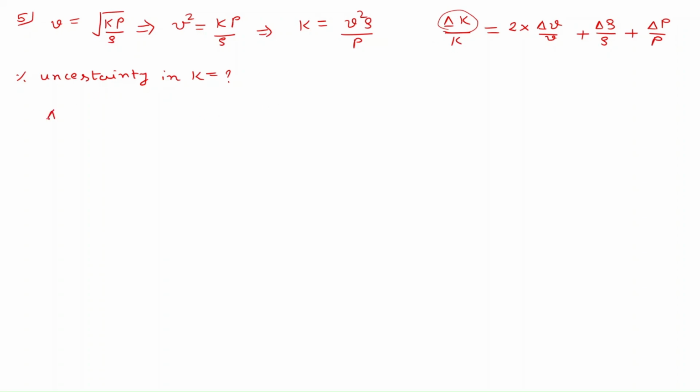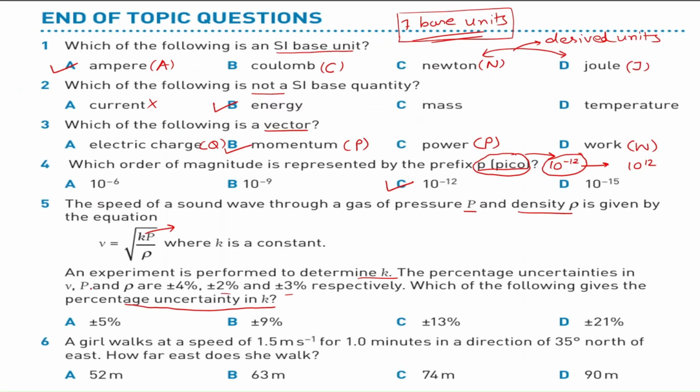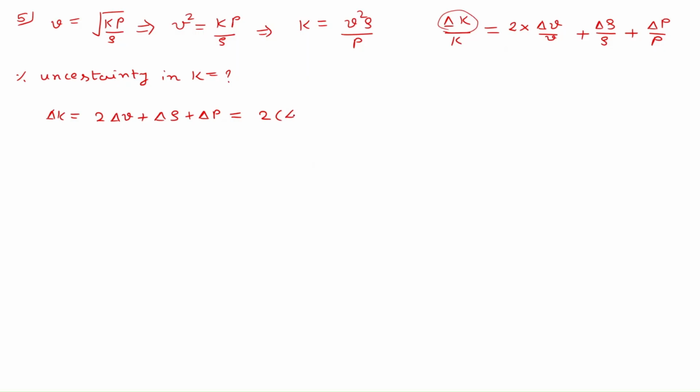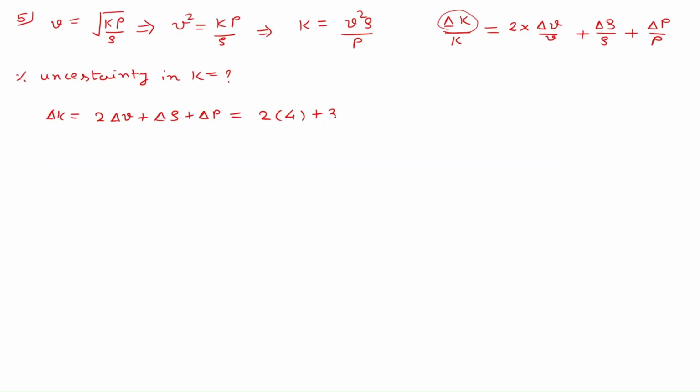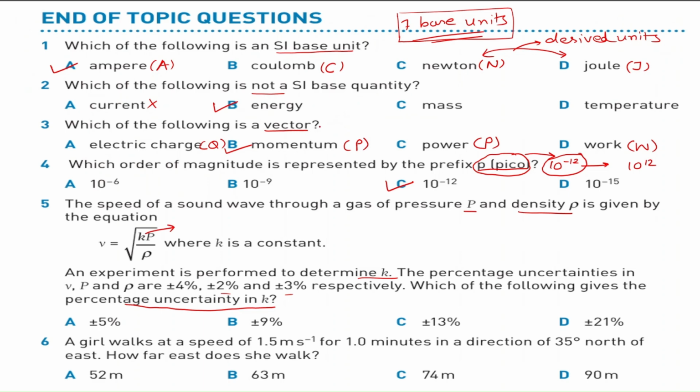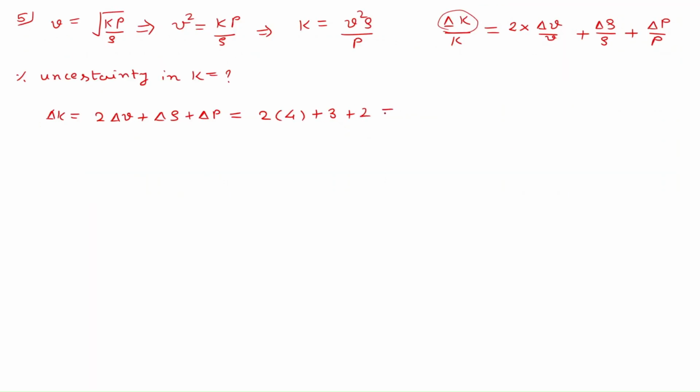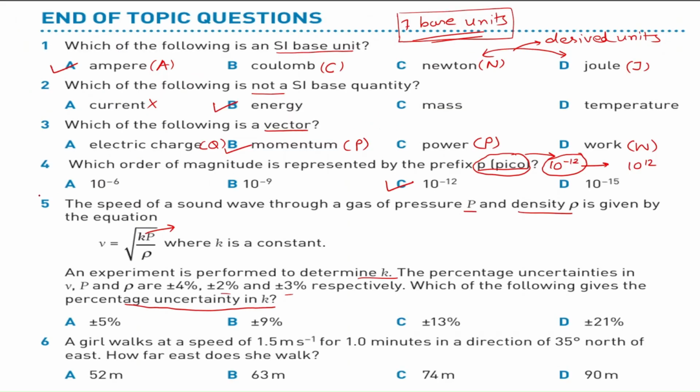So our formula will be like this: put the value of delta V, which is 4%, rho is 3%, and pressure has 2%. So we got the answer 13%. So the answer to the fifth question is C.